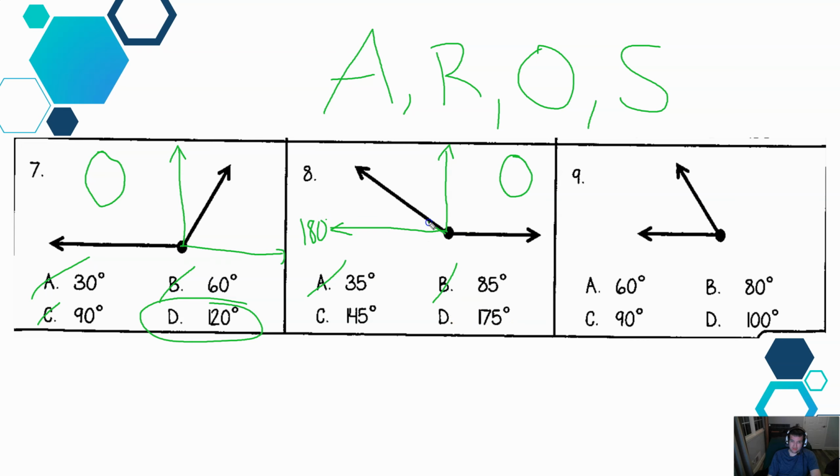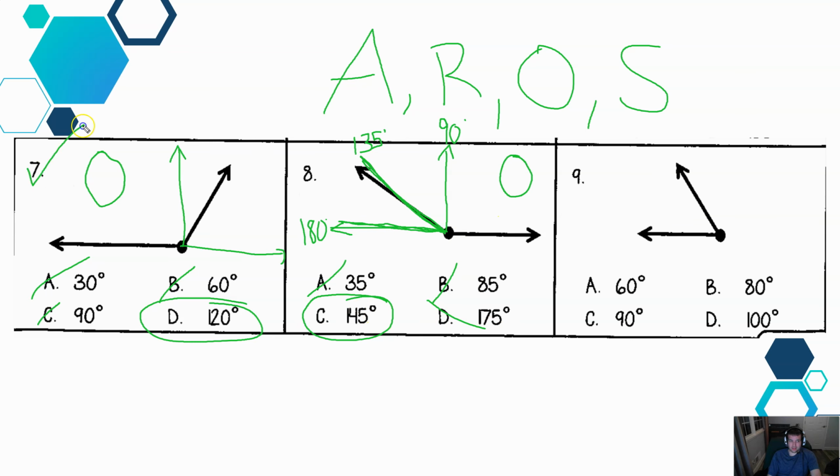It's almost halfway in between the 90 degree mark and the 180 degree mark. The halfway point, if you remember, is 135 because that's 90 plus 45, right? But it's not 175 degrees because 175 degrees would be so close to the 180 degree mark. So it's not D, it's got to be C.